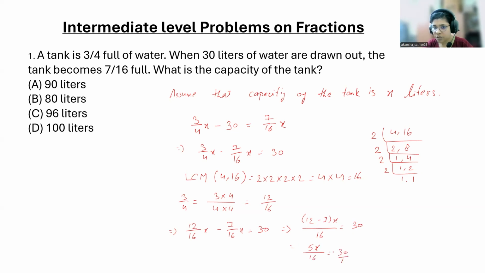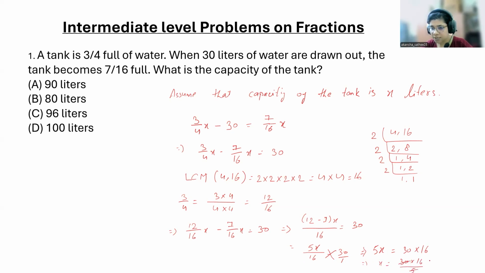Now 30 upon 1. So do the cross multiplication. If you do cross multiplication, what will you get? So 5x is equal to 30 into 16, and from here you will get x is equal to 30 into 16 by 5.